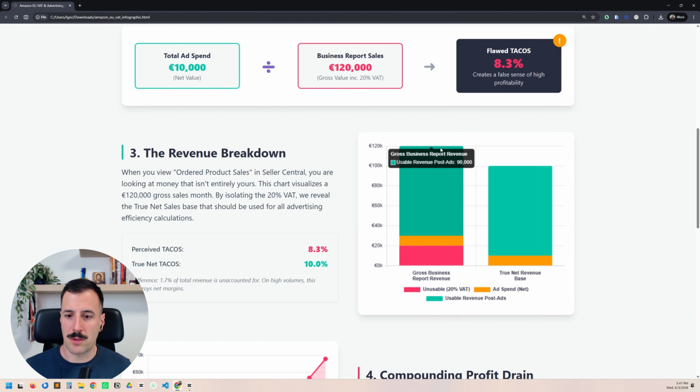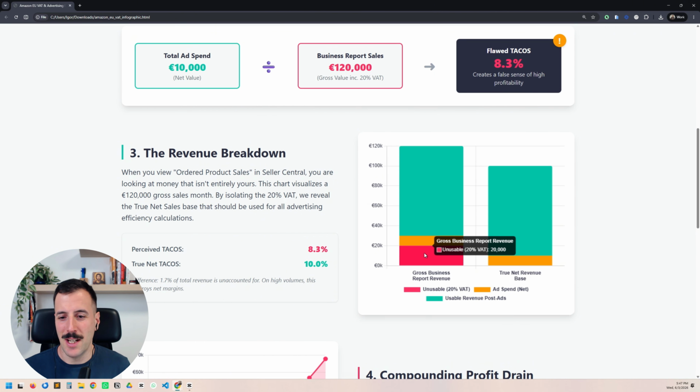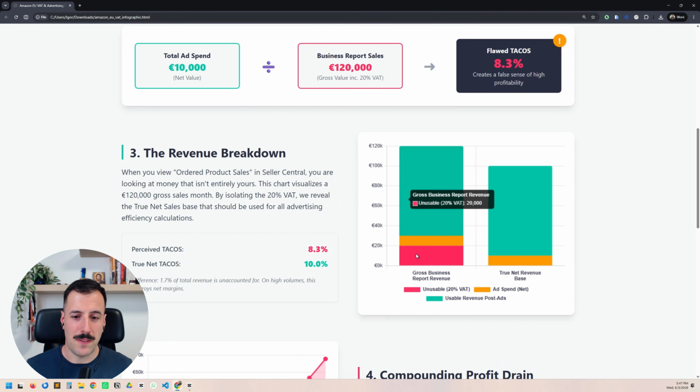There's 120K and you're all happy, but once the government comes and they remove your VAT, then the reality is much different. In green, it's the usable revenue after ads, and the big red chunk is unfortunately 20 or 22% VAT.